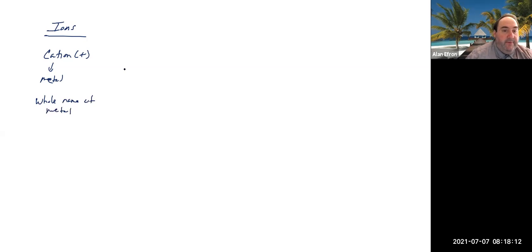So pretty simple. As we saw on that last slide, if we did have Na+ just by itself, just the ion floating around, we would call this by the whole name of the metal, which would be the sodium ion. If we had Ba2+ by itself, this would be the barium ion.